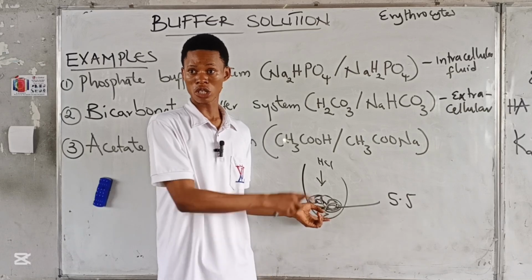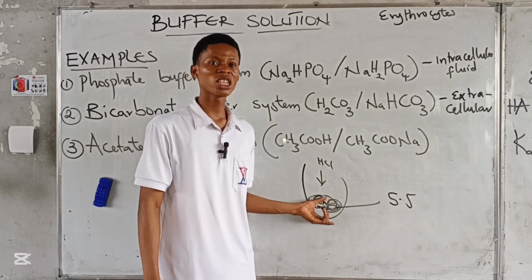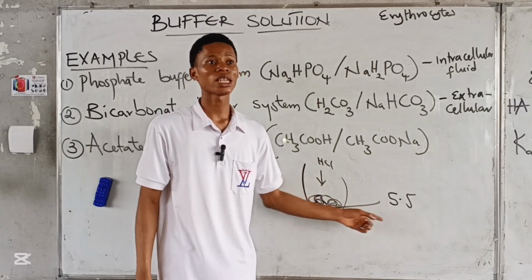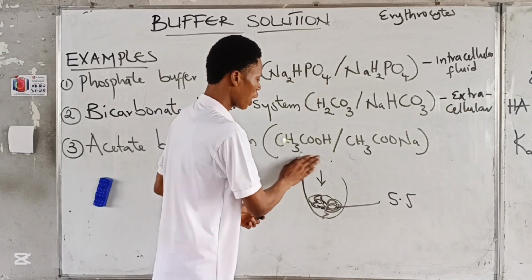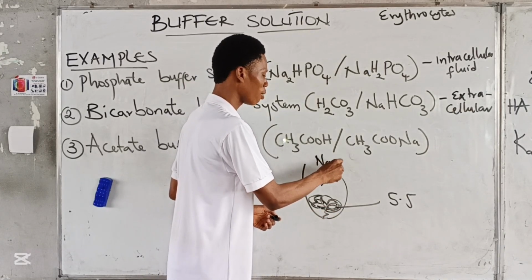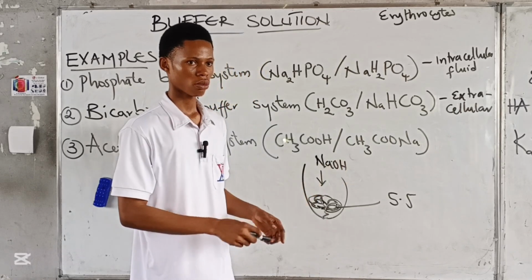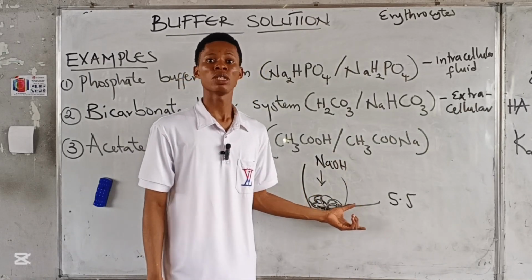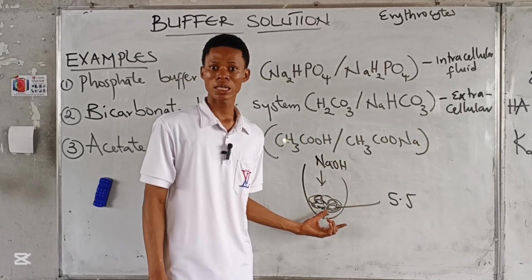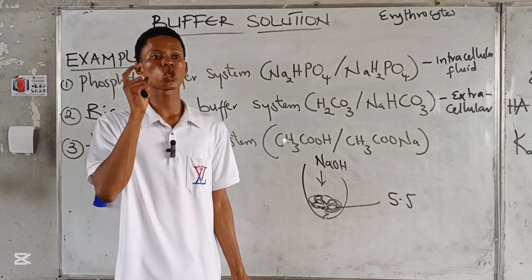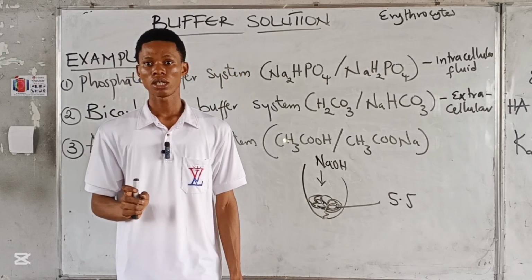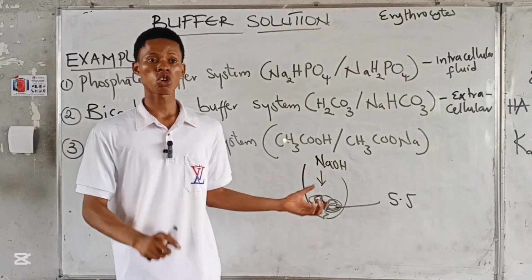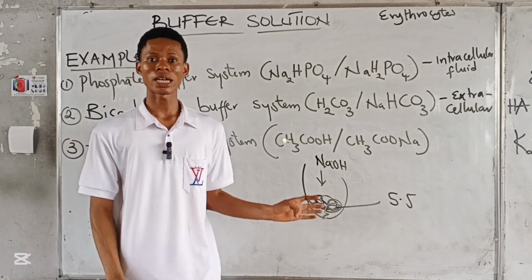Become more acidic, because I'm adding an acid. But if the pH remains the same, then this is a buffer solution. If I add a small amount of a strong base, and the pH still remains the same, this is a buffer solution. So a buffer solution is any solution that resists change in pH when a small amount of strong acid or strong base is added to it.